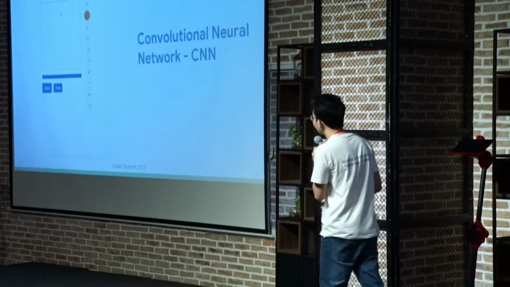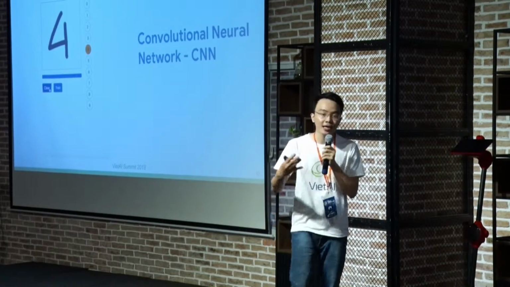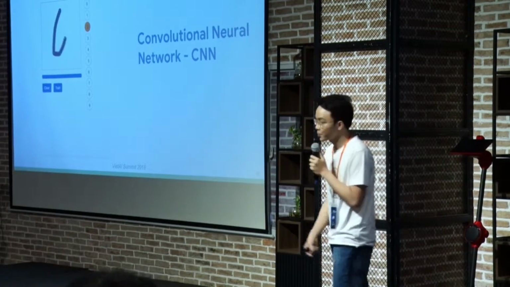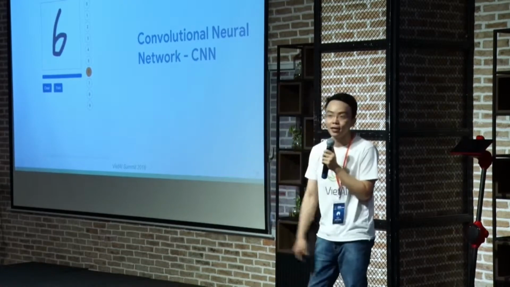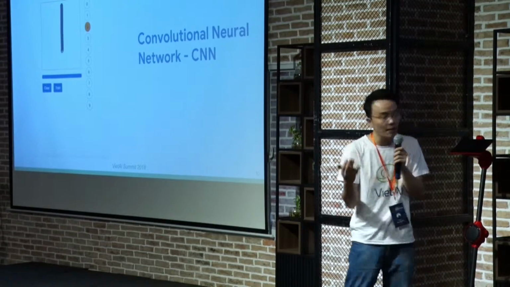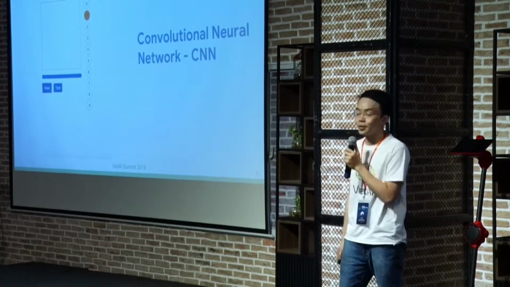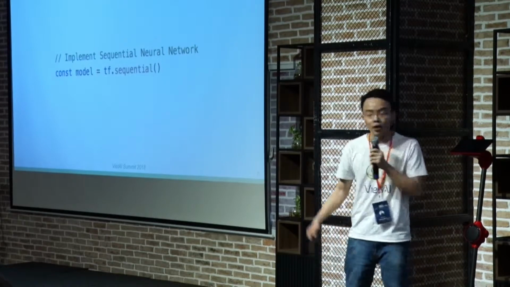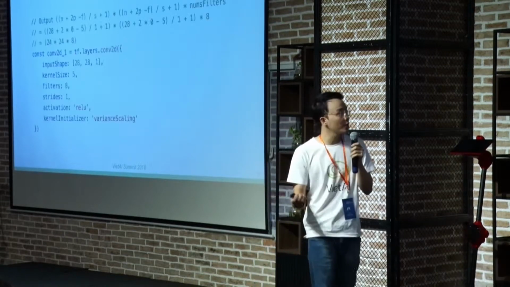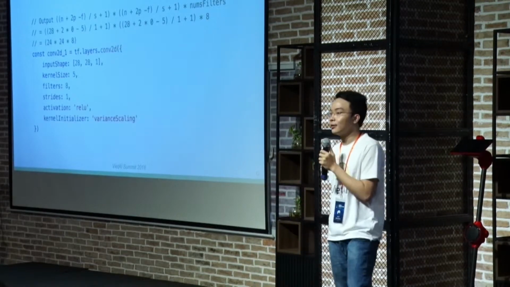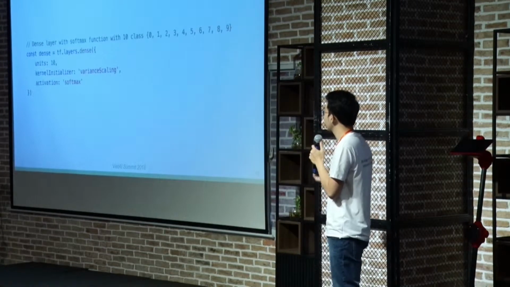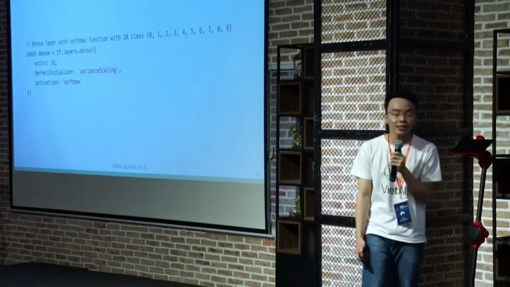Next problem. You can see this in the browser. I use a convolutional network to create a model to classify digits. The model is able to tell us what number it is. With a few lines of code, we initialize a sequential network, add a convolution layer, stack a max pooling layer on top of it, and finally a dense layer with 10 classes.